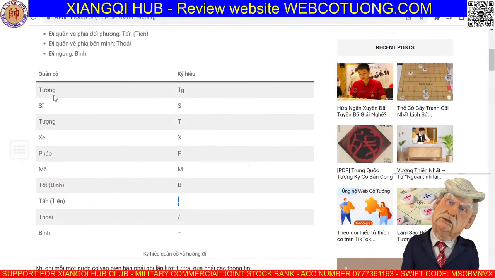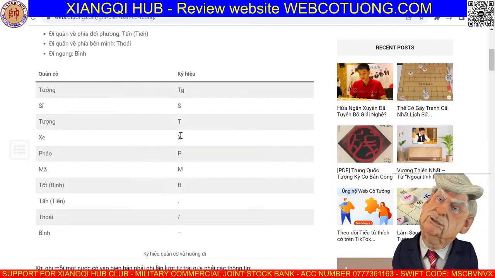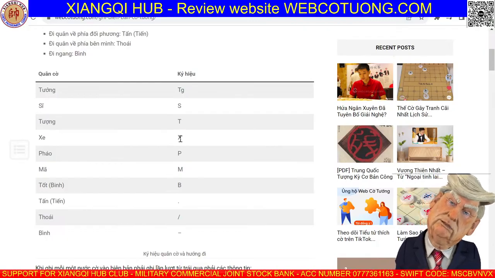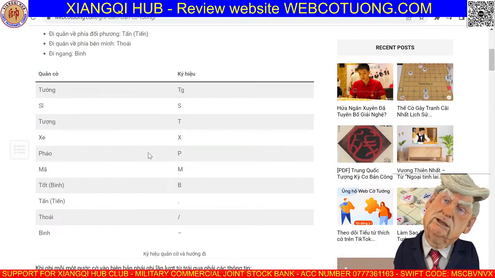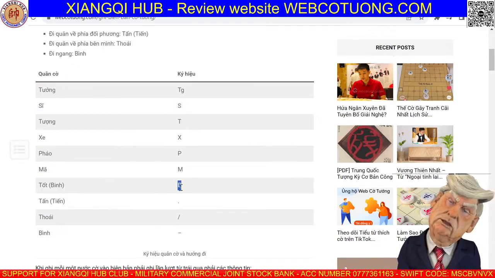And for Vietnamese, we have Tg for general, S for advisor, T for elephant, X for chariot, P for cannon, M for horse, and then we use B for soldier.